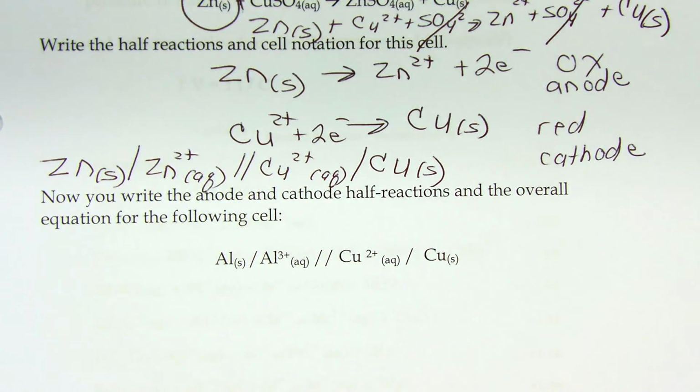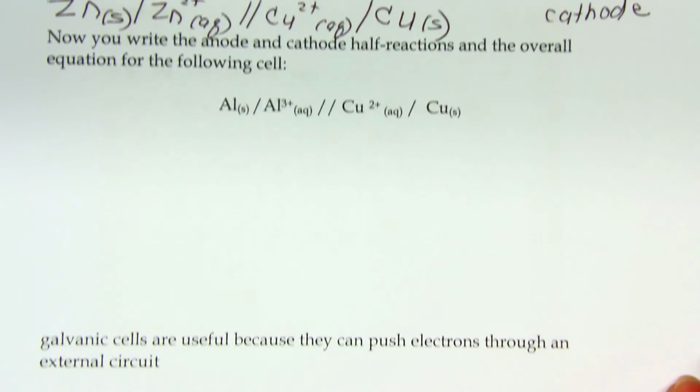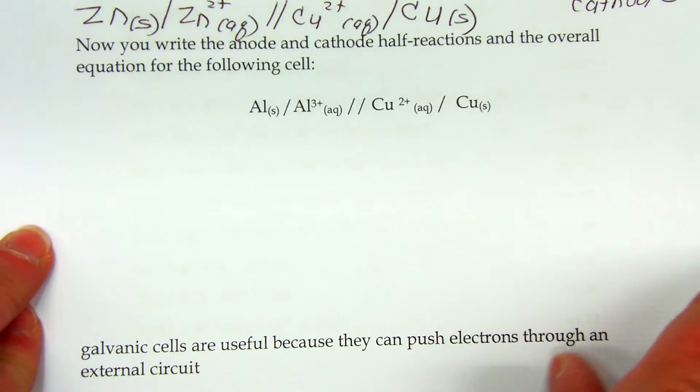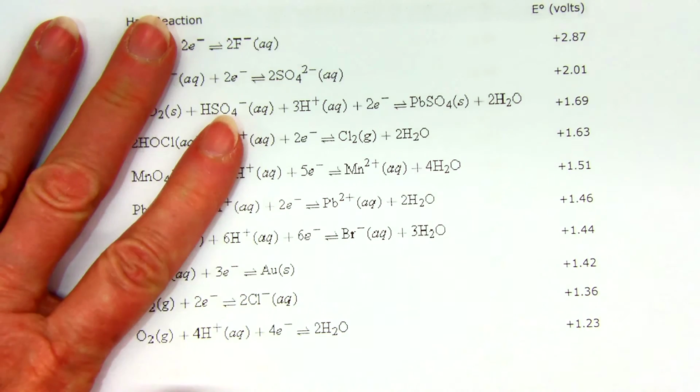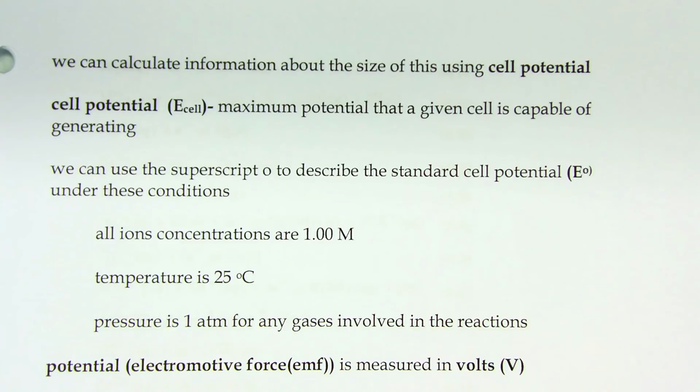Now, why are we interested in these things as chemists? Because galvanic cells are very useful to us because they push electrons through an external circuit and they provide energy or electricity for us, or battery power, whatever you want to think of it. So how do we do this? Well, you've had batteries all your lives, right?